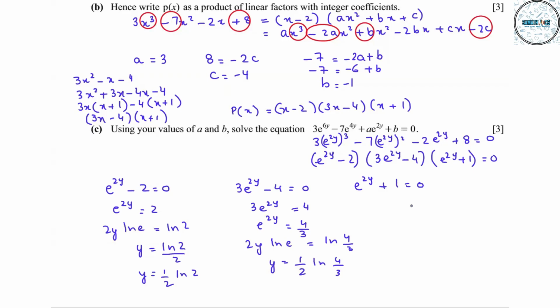In this case, e power 2y is equal to minus 1. If we apply ln here, 2y ln e is equal to ln minus 1, which is not possible, because we cannot apply ln on a negative number.